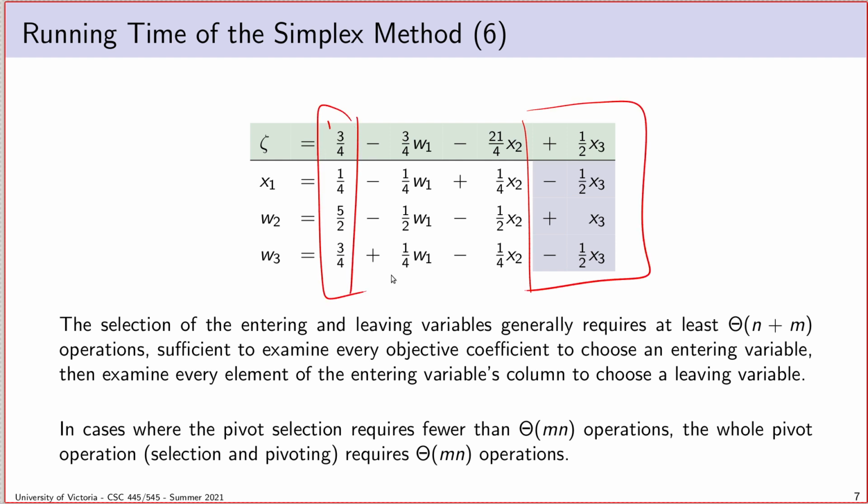But doing that would be big O of m. So we'd just be looking at everything, running down one column or two columns, a constant number of columns of the table. And you can see if I've chosen a relatively simple pivot selection rule, the running time of choosing both the entering and leaving variables is big theta of n plus m, which asymptotically, as both of those increase, is definitely less than this.